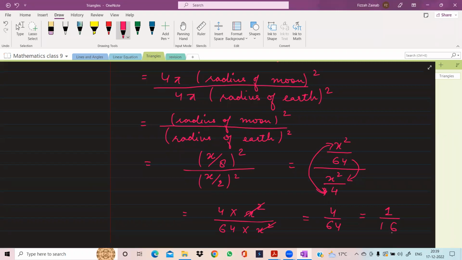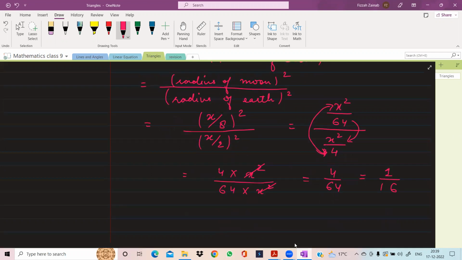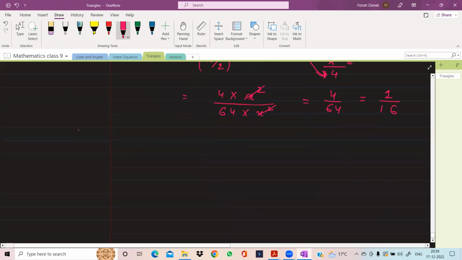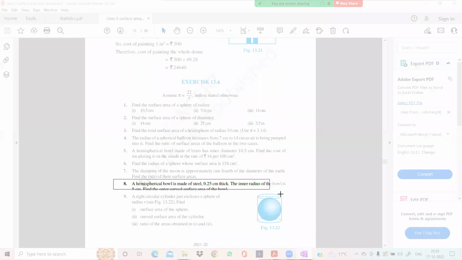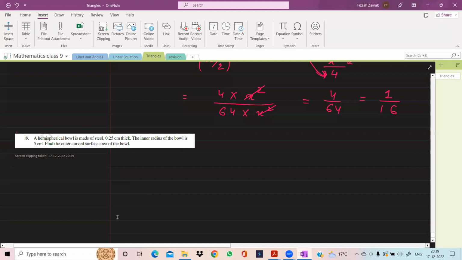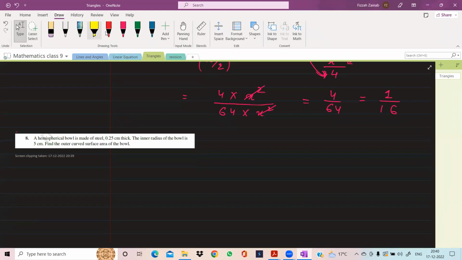Okay. So this was question number 7, right? Now question number 8, let's do that. A hemispherical ball is made up of steel this much thick, okay. So how does the ball look like? The inner radius of the ball is this. Find the outer curved surface area of the ball.